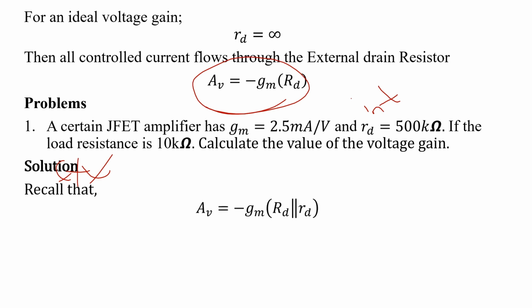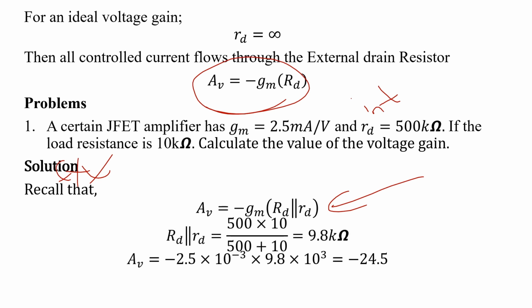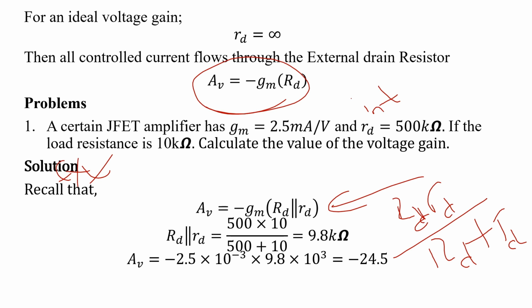Now by solution, this is our formula for voltage gain here. This is the parallel resistance relationship as we had just now, which is capital RD times small rd all over capital RD plus small rd. That is the relationship we used here.